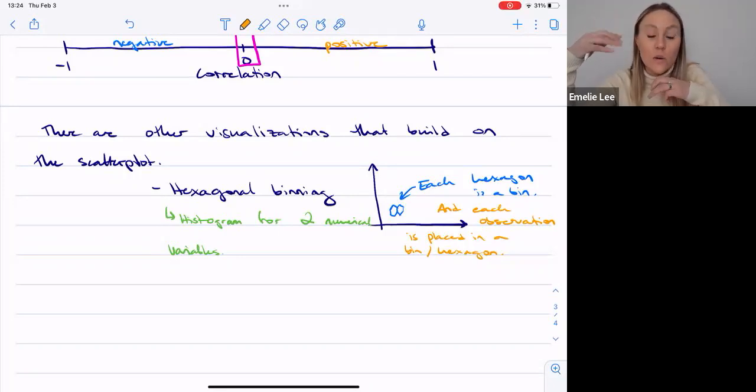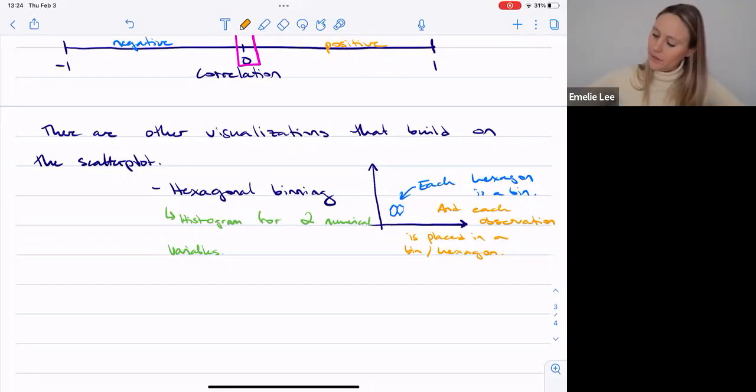Maybe that's not something you're concerned with, if you're just looking at the relationship, but maybe you want to incorporate a little more information, like how many things are in each of those blacked out regions, because as soon as you have one dot, it's filled, right? So then you could use a hexagonal binning chart, I guess.